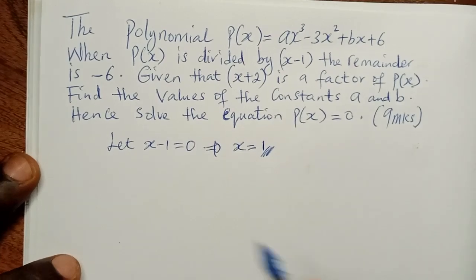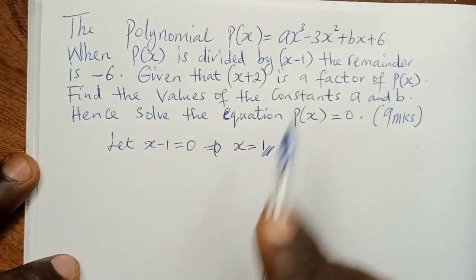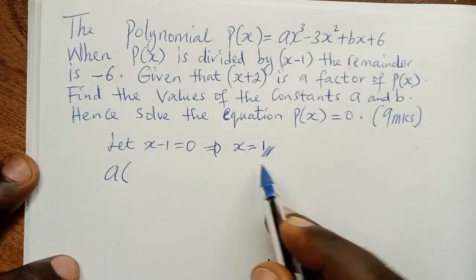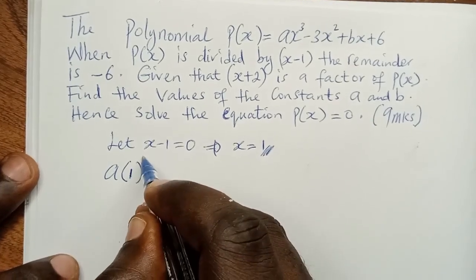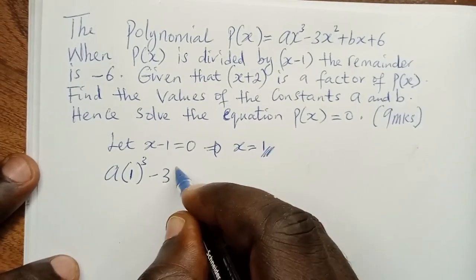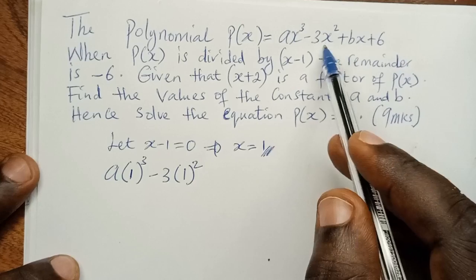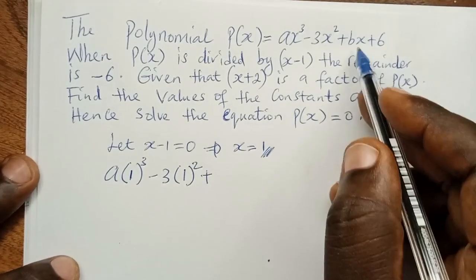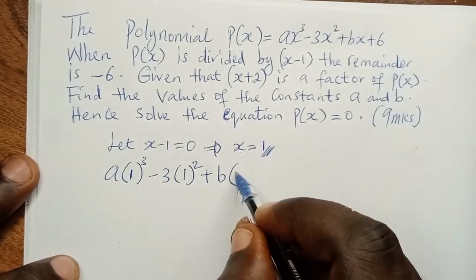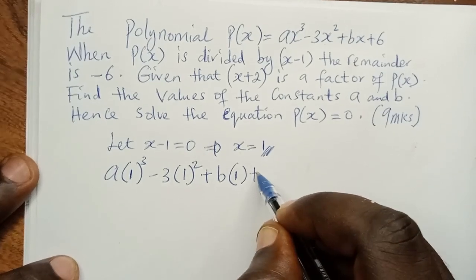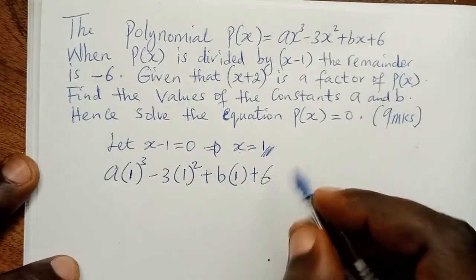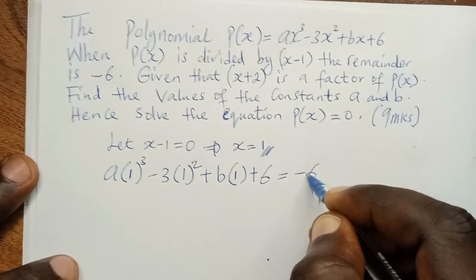So this is going to imply that p of 1 is equal to a times 1 cubed, minus 3 times 1 squared, plus b times x, where x is 1, plus 6, and they told us that it should be equal to minus 6.